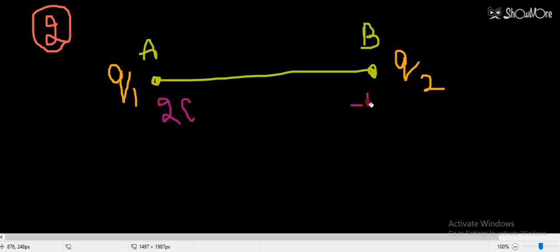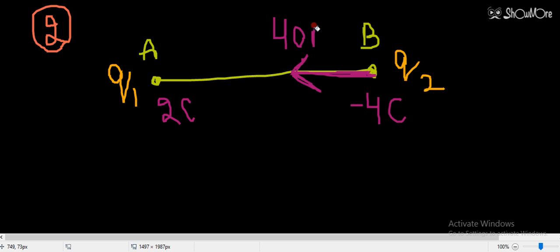According to the question, Q1 attracts Q2. So Q1 is attracting the Q2 charge with some force, and that force is given as 40 Newton.